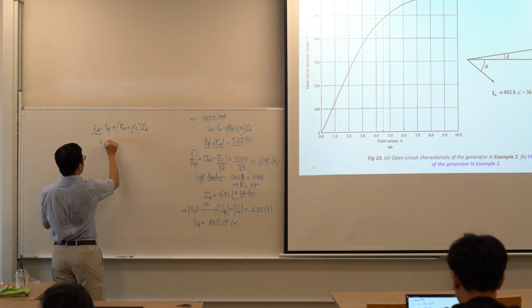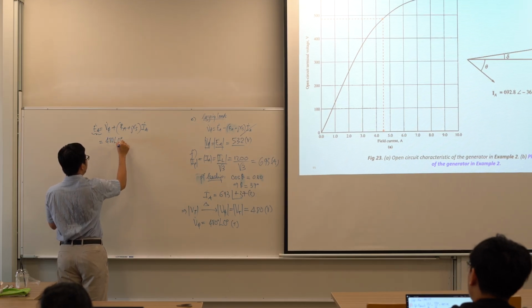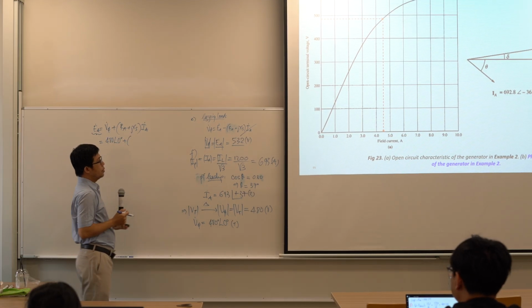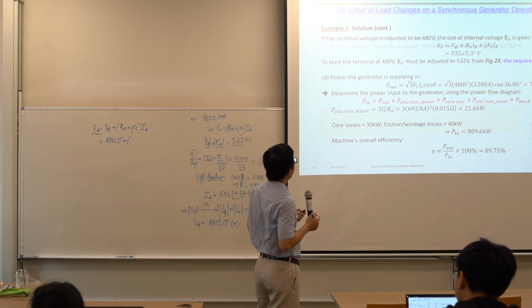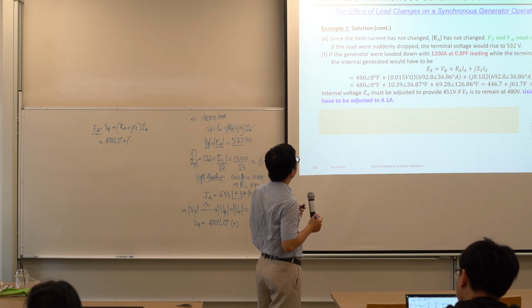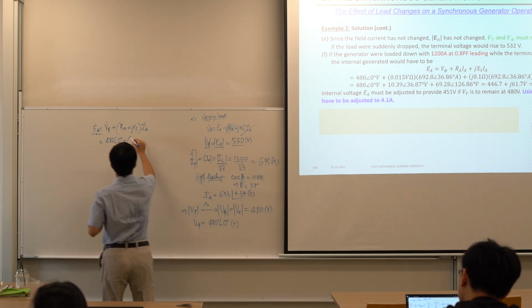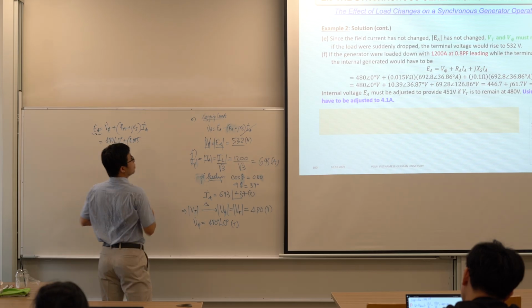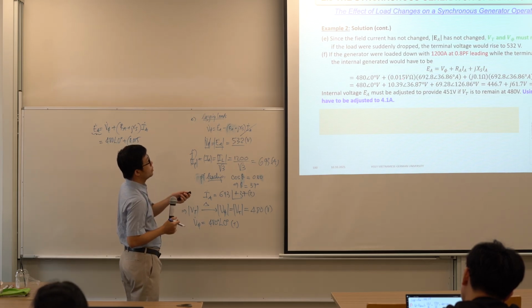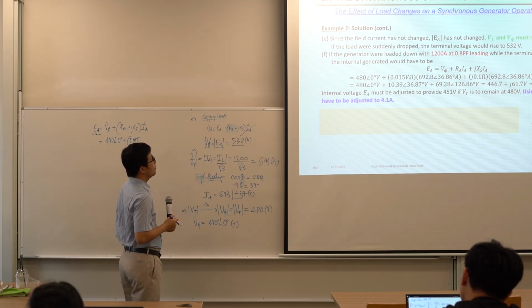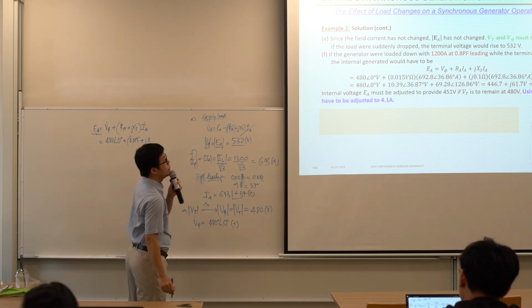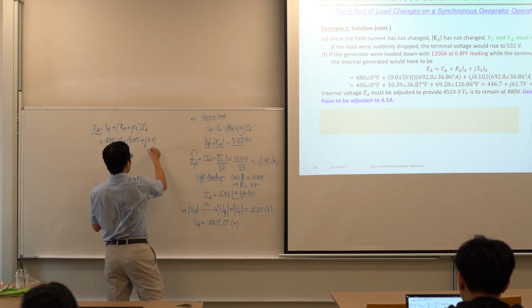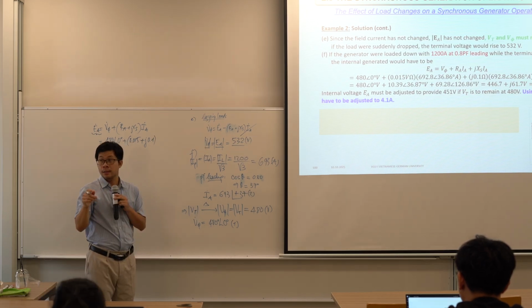So remember, this is phase. V phase is 480 at 0 degree plus RA. How many is RA? 0.015. Plus j0.1 XS.